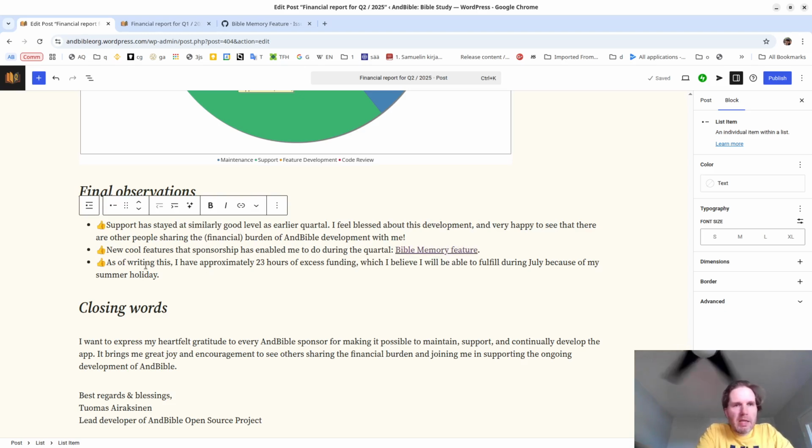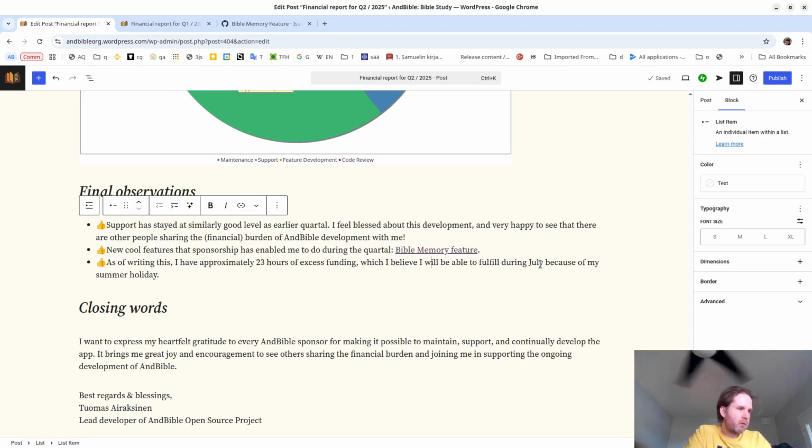As of writing this, as I was already reporting in these tables, I have some excess funding, 23 hours of excess funding, which I will probably be able to fulfill during this month because of my summer holiday.